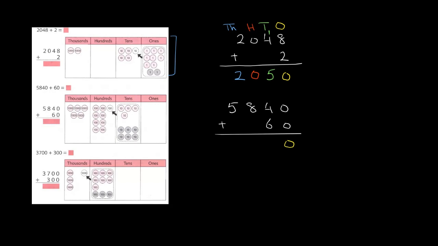I have 4 tens and 6 tens, so I'm going to get 10 tens, which is going to be converted into a 100. So these are 0 tens and 100. 800 plus 100 is going to be 900s, and then I'm going to get 5,000 over here. Okay, and hopefully this kind of calculation should make it clear to you how we're supposed to do these calculations. Hopefully you can do something like 3,700 plus 300 by looking at the picture that's exactly showing that the 700s plus 300s make 1,000, and the answer turns out to be equal to 4,000.